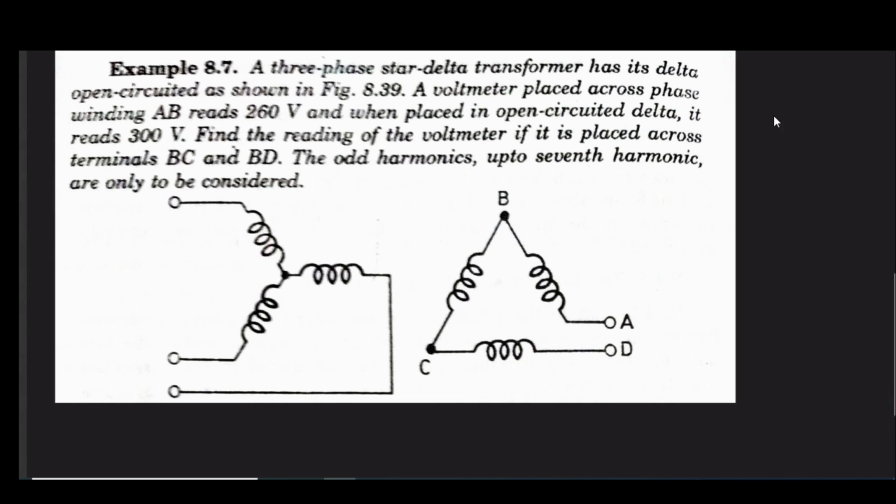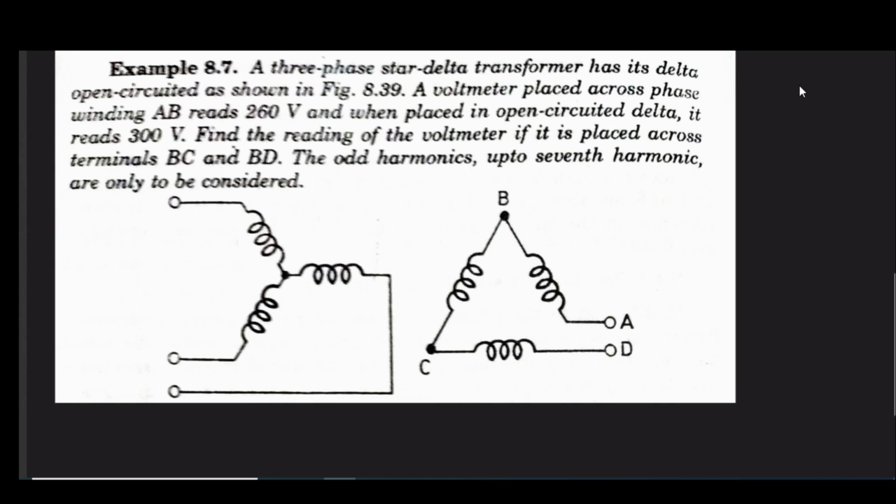So let us consider a few problems. Let us consider the first problem. This three-phase star delta transformer has its delta open circuited. A voltmeter placed across the phase winding AB reads 260 volt, and when placed across the open delta, between A and D, it reads 300 volt.